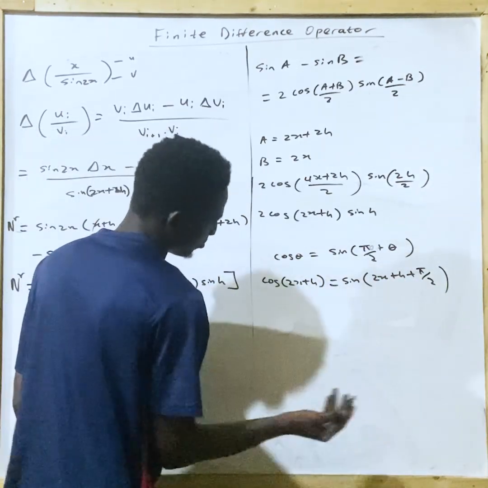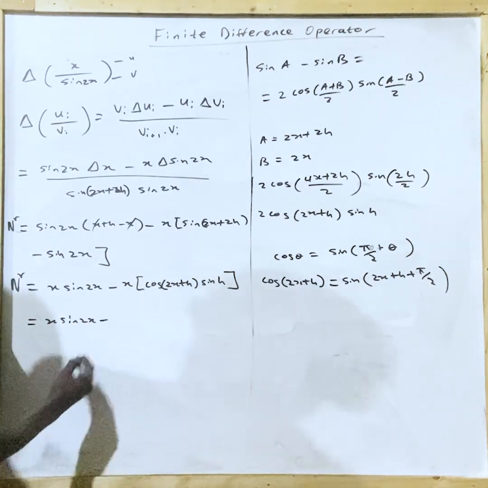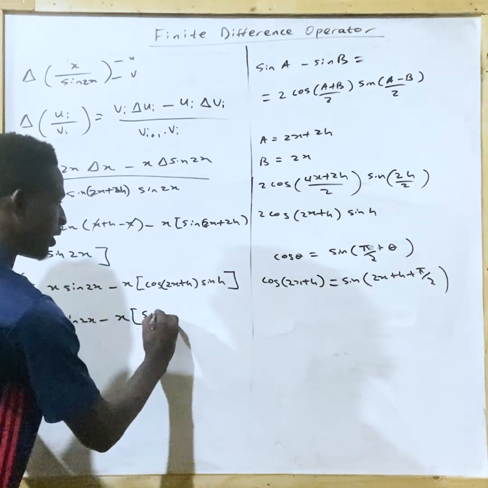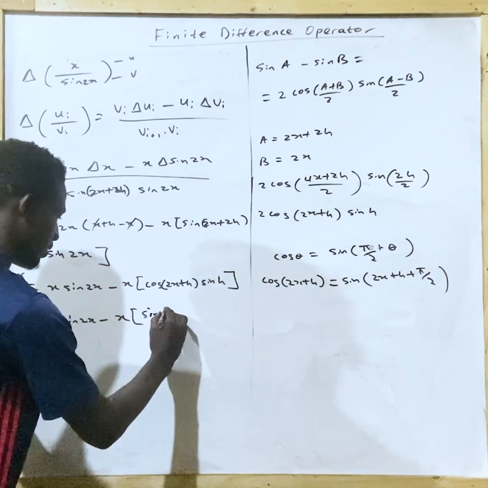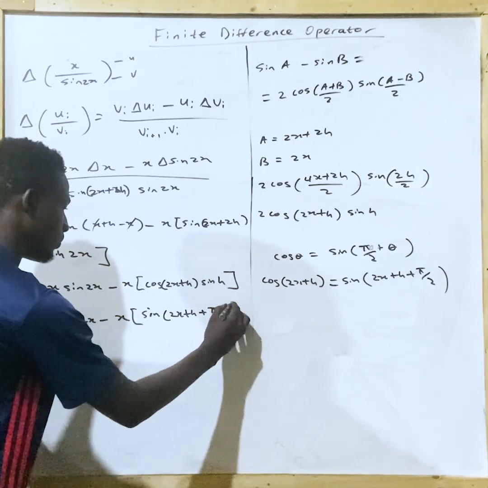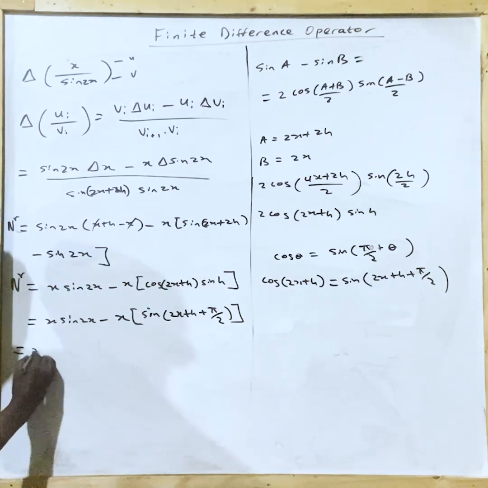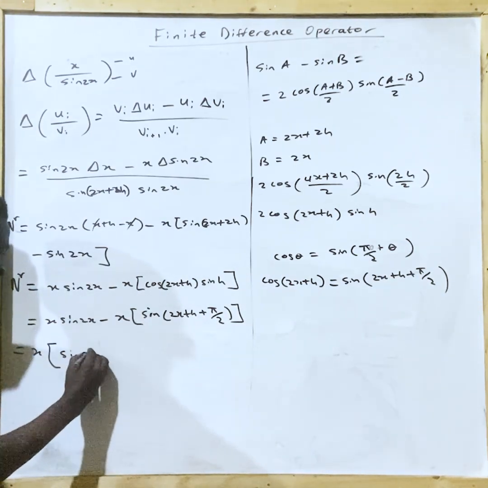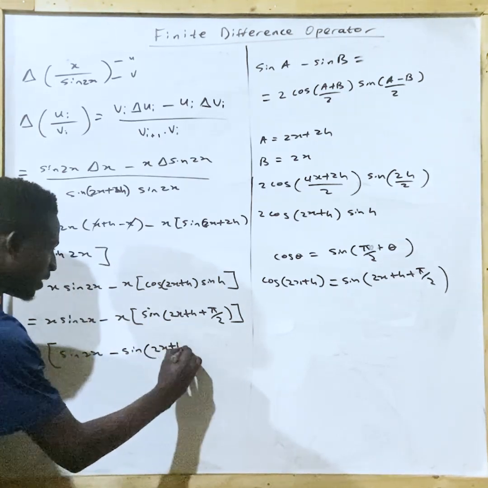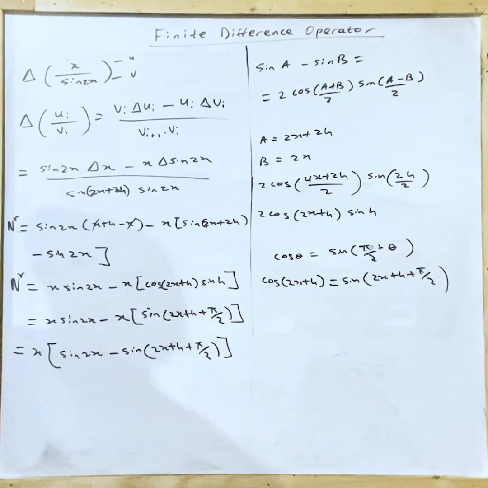From here, you would have x sine 2x minus x in brackets sine(2x plus h plus pi over 2), and I think you can factor out x. So you'll be having something like x into bracket sine 2x minus sine(2x plus h plus pi over 2). We'll simplify it to the best of our ability.